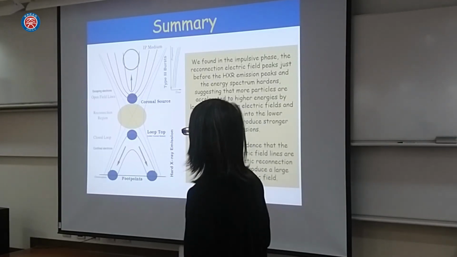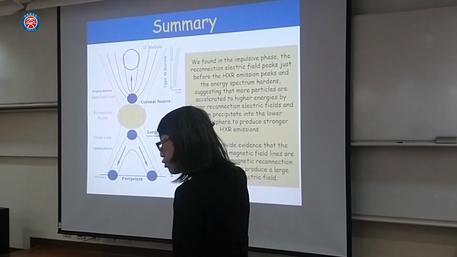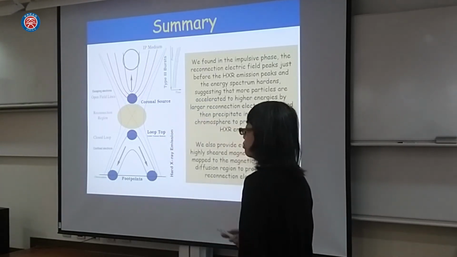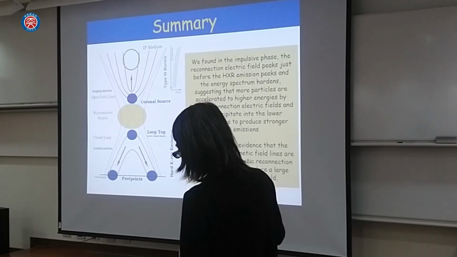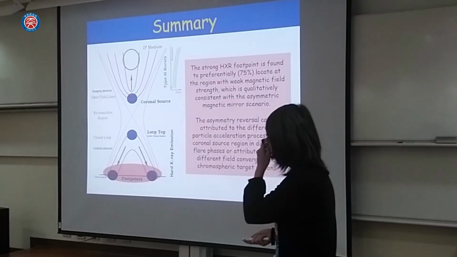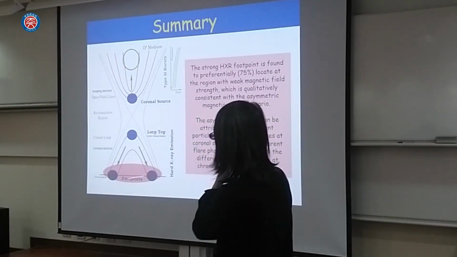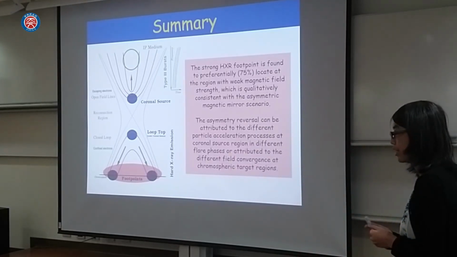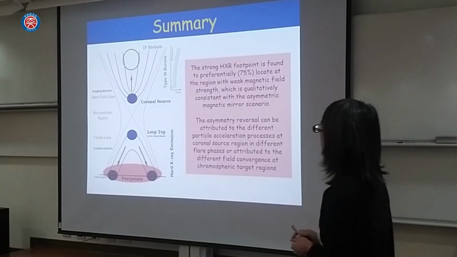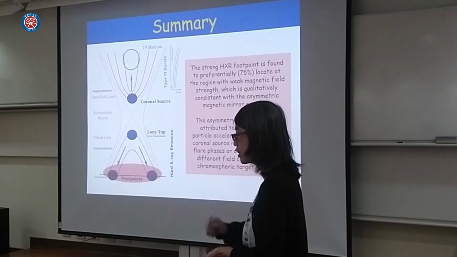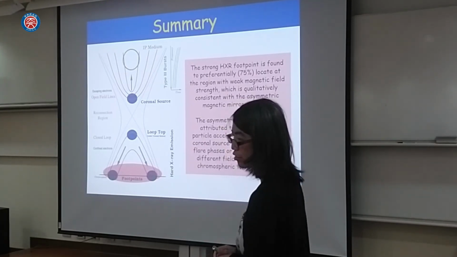That means more particles are accelerated by a larger electric field, as in the high shear magnetic field, to produce a strong hot source. And then we move to the footpoints. We investigate the asymmetry of footpoint hard X-ray emission, and we found most of the strong hard X-ray sources located at the weaker magnetic field region.